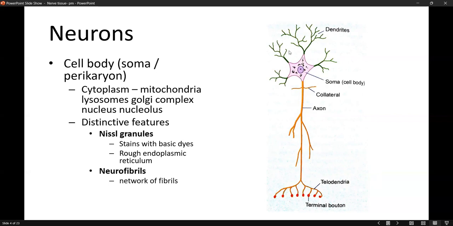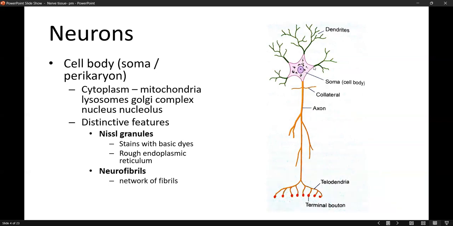And then, of course, the processes that arise from or are attached to the cell body. According to the types of processes, there are other classifications for neurons, but this is the most common type of neuron that we might see, called multipolar.